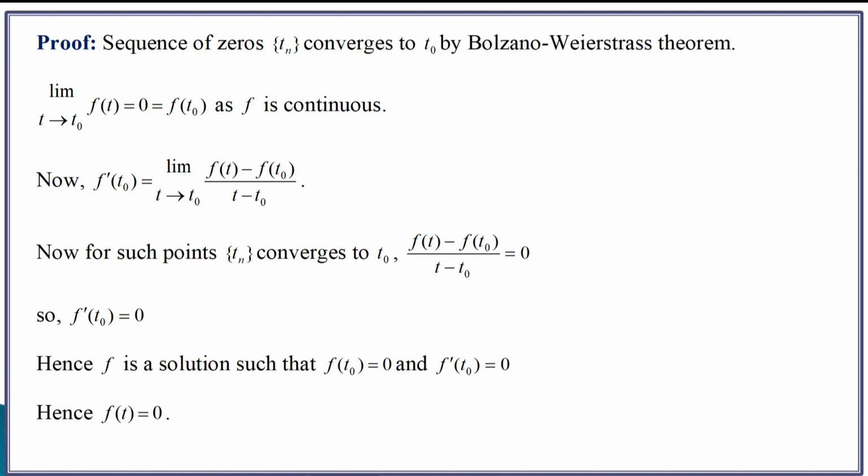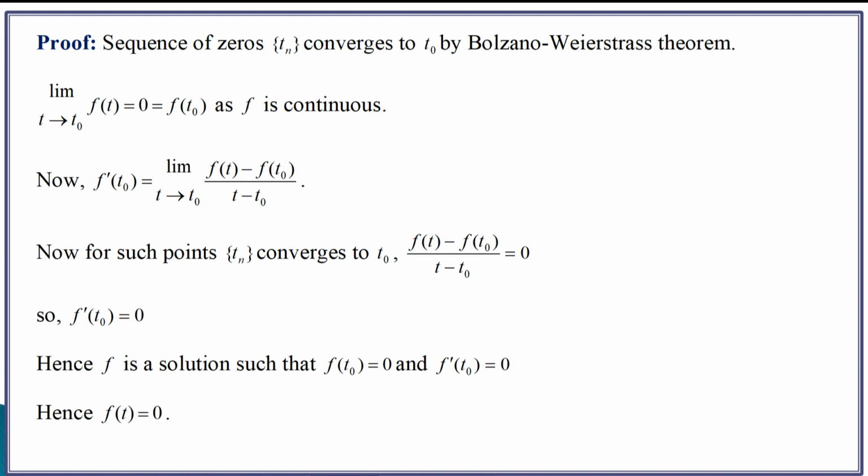The domain of definition here is a comma b, so it's a closed bounded set, and since you have infinitely many zeros, it should have a limit point. So the sequence of zeros should converge to a point, which is t0, by the Bolzano-Weierstrass theorem. And again f is continuous. Therefore the limit as t tends to t0 of f of t is 0, actually f of t0.